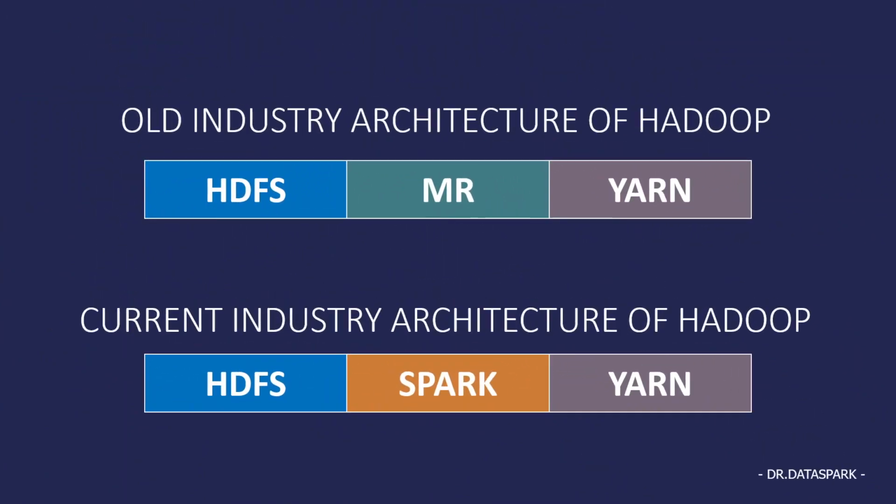Now, the old industry architecture was HDFS as the storage unit, YARN as the resource negotiator, and for computing they had MapReduce. But we know MapReduce was very hectic. Not everybody could code it.